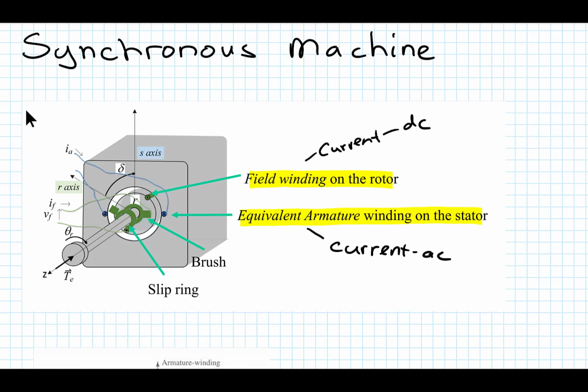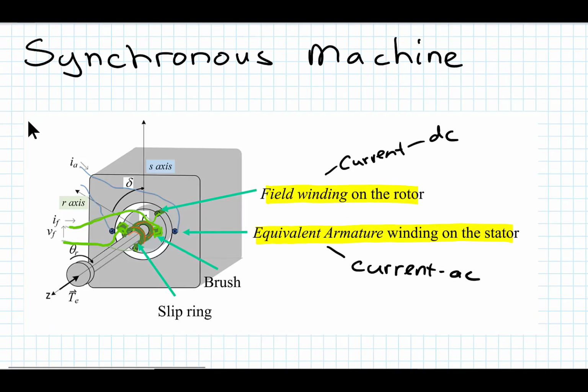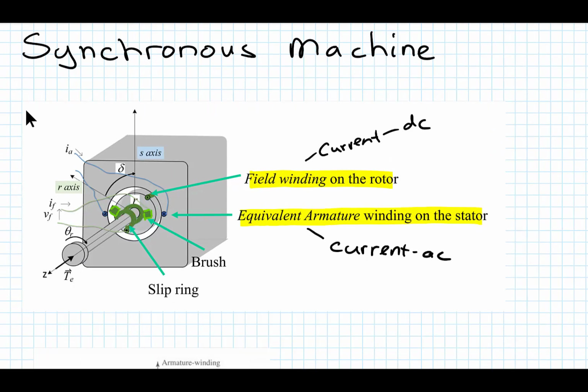And how this DC current gets onto the rotor is, again, it does use brushes shown here. And they are riding along these copper rings that are on the rotor. And there are two of them, one ring for supply and one ring for the return of the field current.